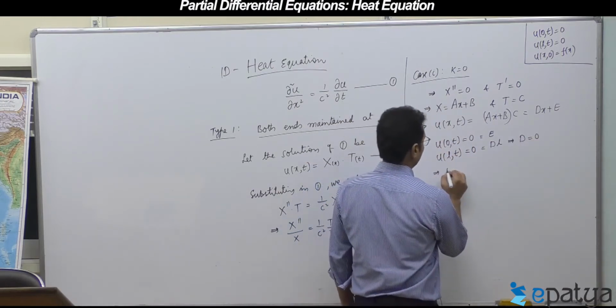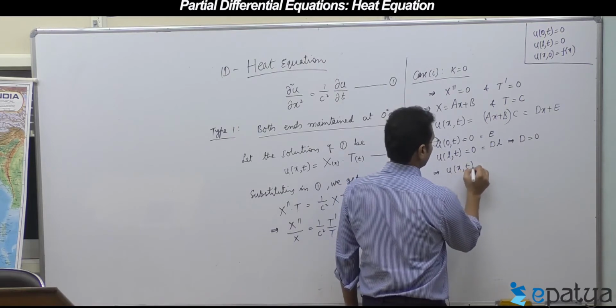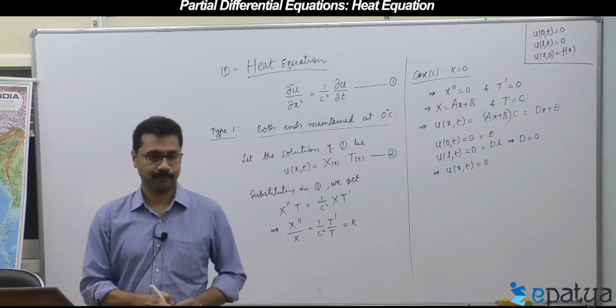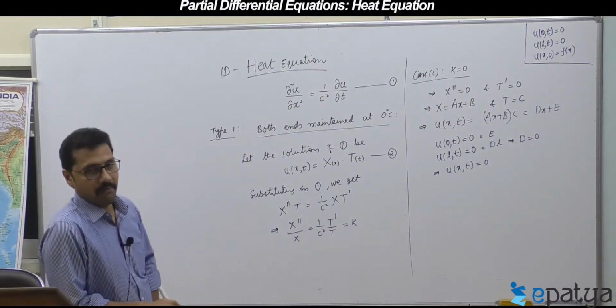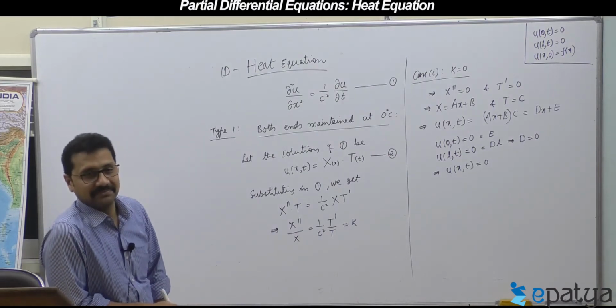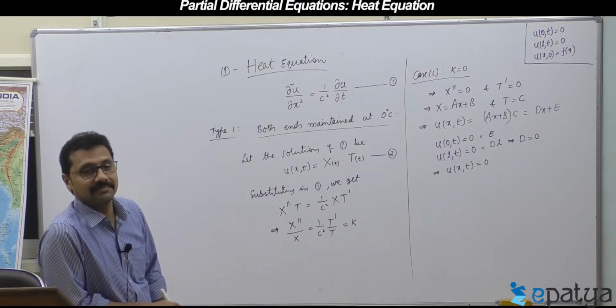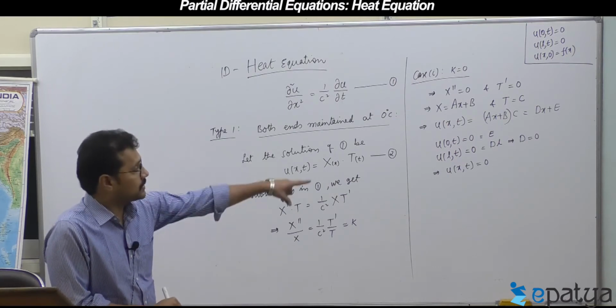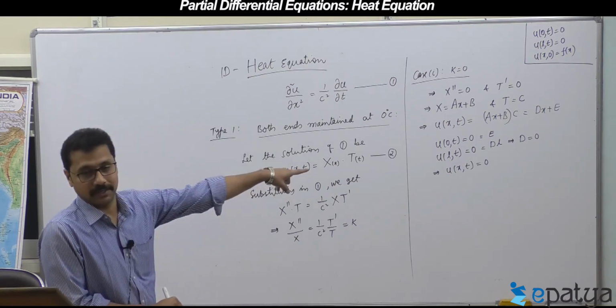This implies u of x comma t equal to 0. This cannot be accepted as a solution of a heat equation, but that is wrong. This is called the zero steady state.